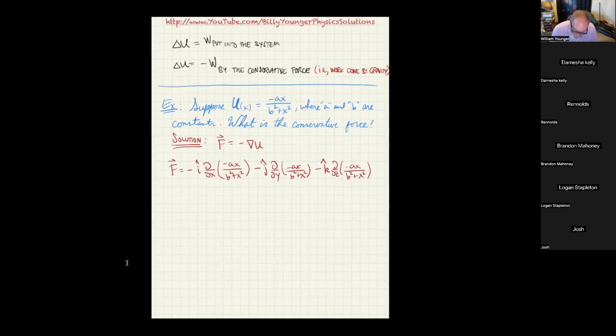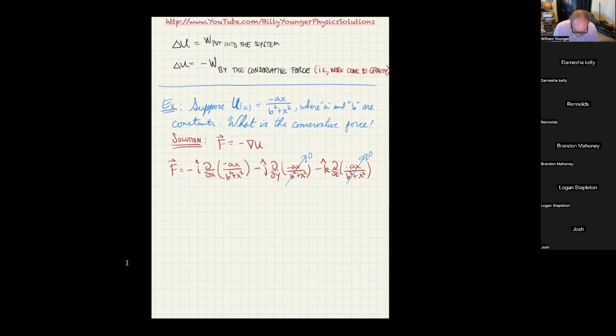Now, the partial derivative is really just pretending like every variable other than the one you see in the bottom of the derivative is a constant. So in this case, there is no appearance of y. So I just took the derivative of a constant, and that's 0. And the same thing happened here. So all I'm really left with is this guy.